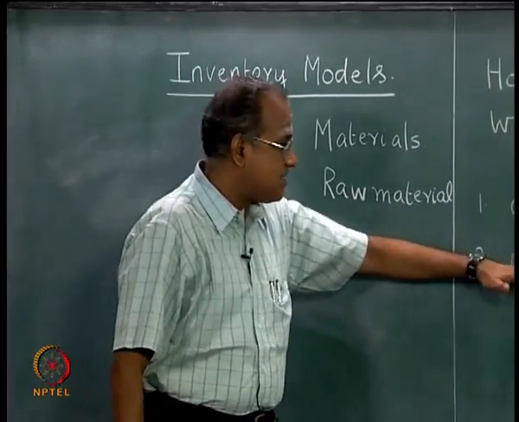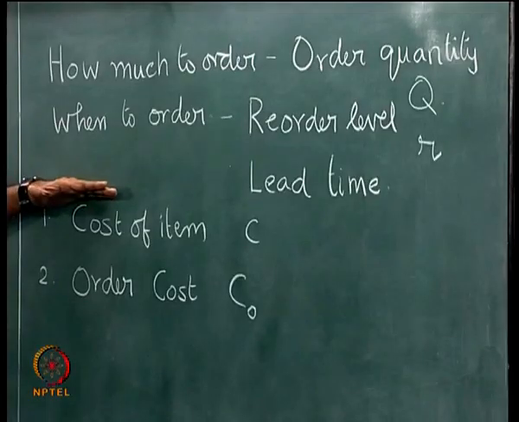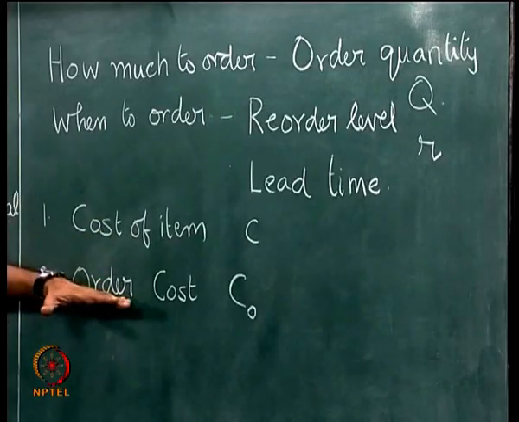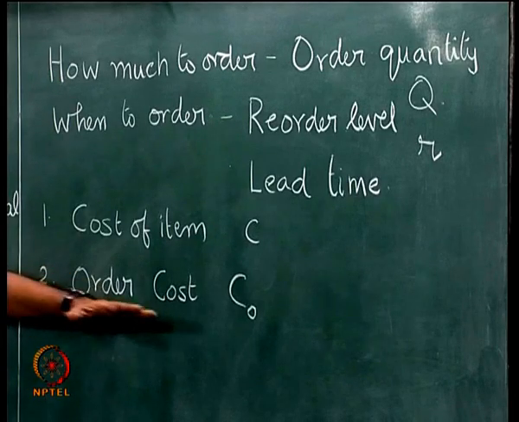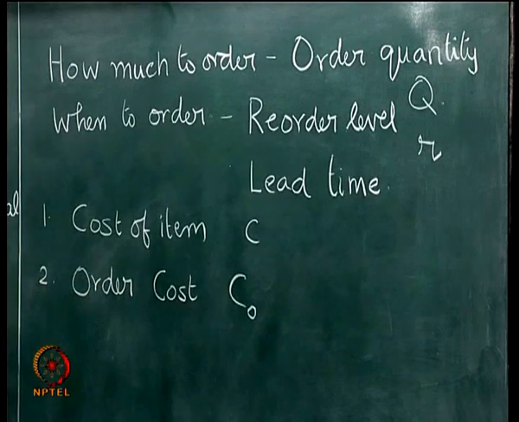This cost is different from the actual cost of the item. It is independent of the quantity being ordered, but every time there is a decision to place an order, a certain order cost is incurred.